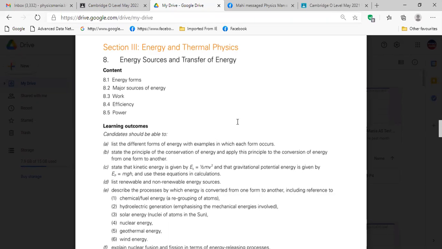Example, wind energy, then solar energy, then hydroelectric energy, geothermal energy, biomass.